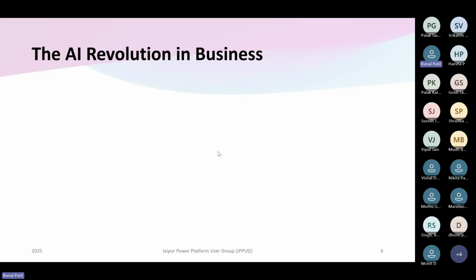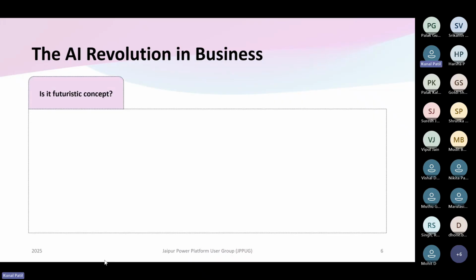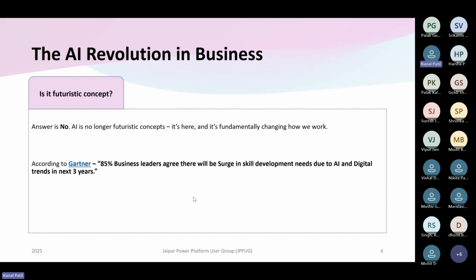This is where AI comes into the picture. Is it a futuristic concept? The answer is no. The promise of AI in the business world is no longer a distant dream. It's already a reality. According to Gartner's survey back in 2023, 85% of business leaders agree that there will be a surge in skill development needs due to AI.